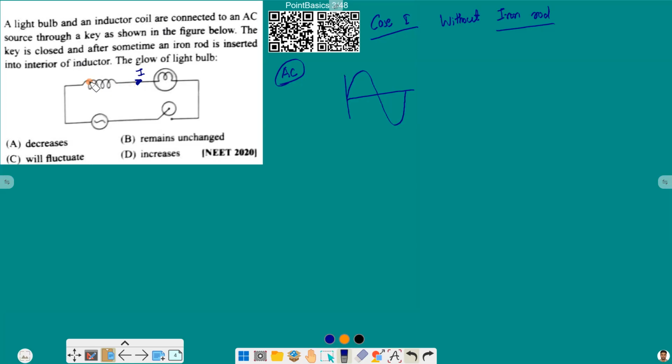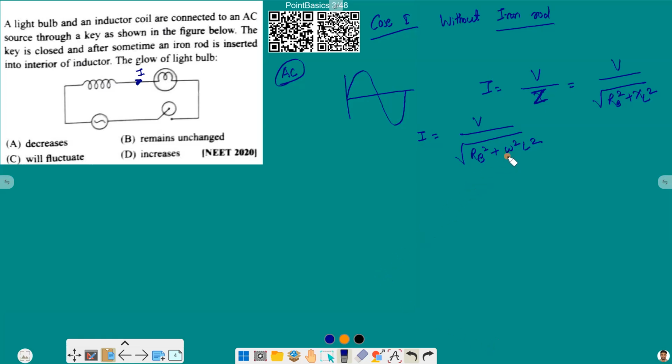Here we assume that the inductor charges very fast, so there is a certain time for which there is a constant current flowing in the circuit, and the value of that current will be given by I is equal to V divided by Z, the impedance of the circuit, and that will be V divided by the square root of Rb square plus XL square, where XL is the impedance offered by the inductor, and we know XL is equal to omega L, so it will be Rb square plus omega square L square.